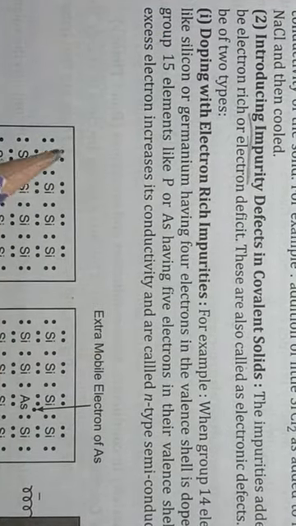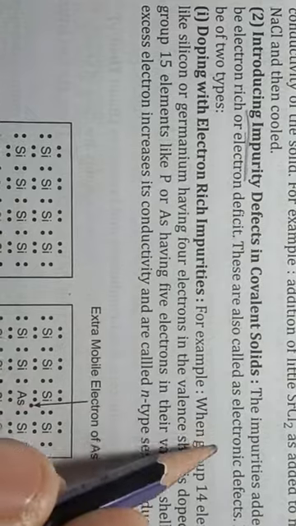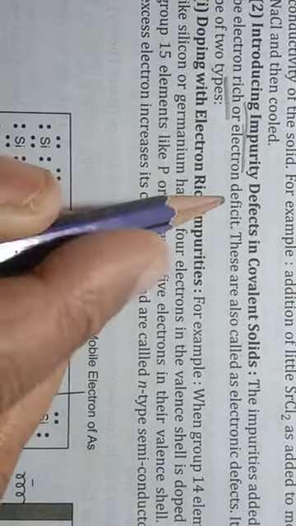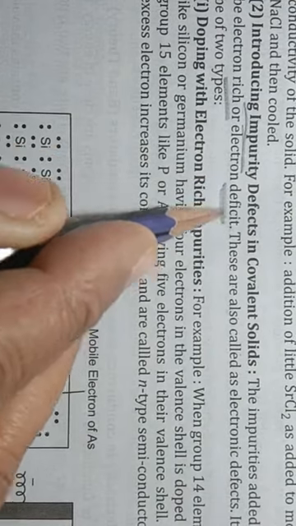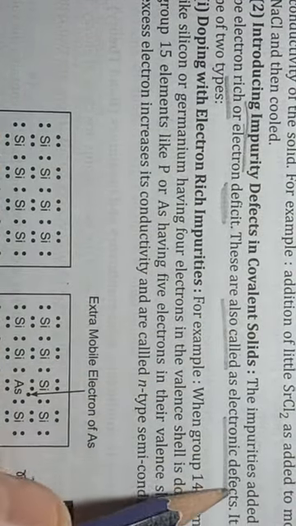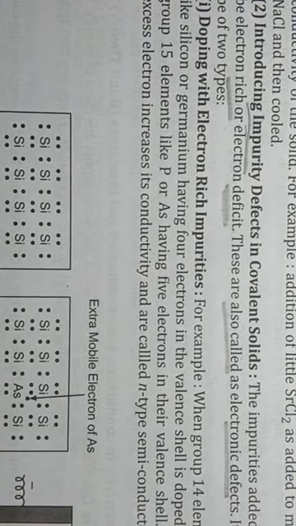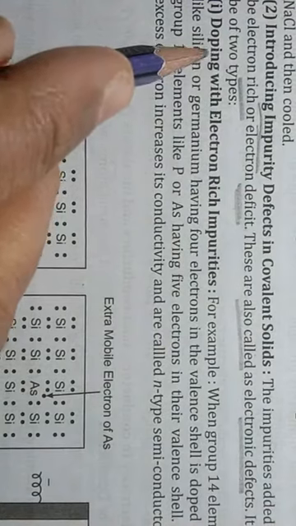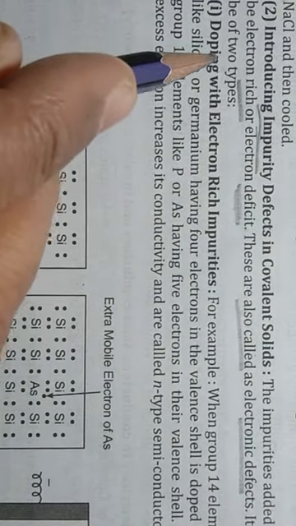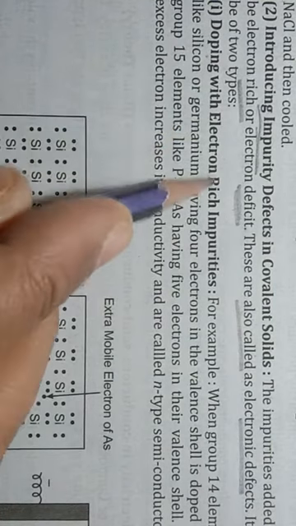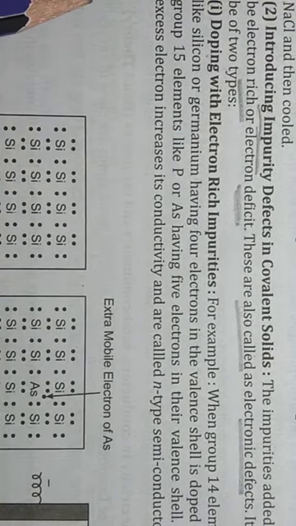The impurities added may be electron rich or electron deficit. These are also called electronic defects. Now we can dope the host compound or host element with electron rich impurity.